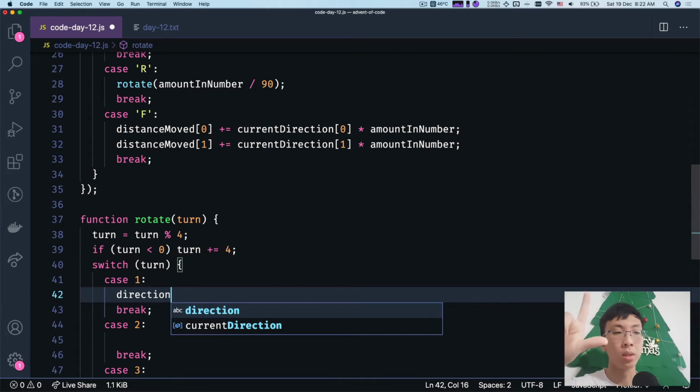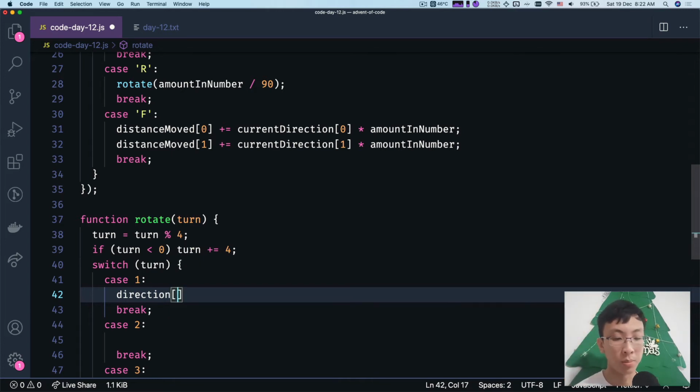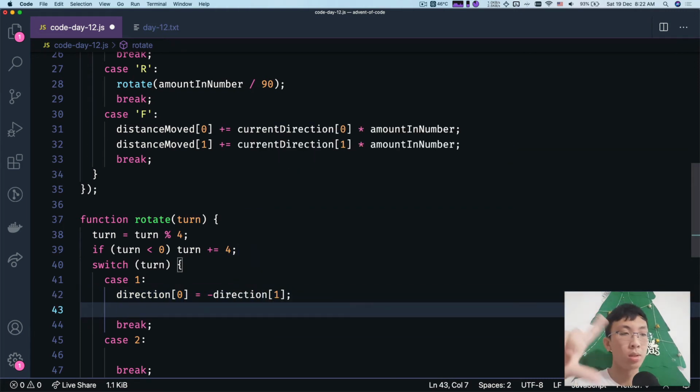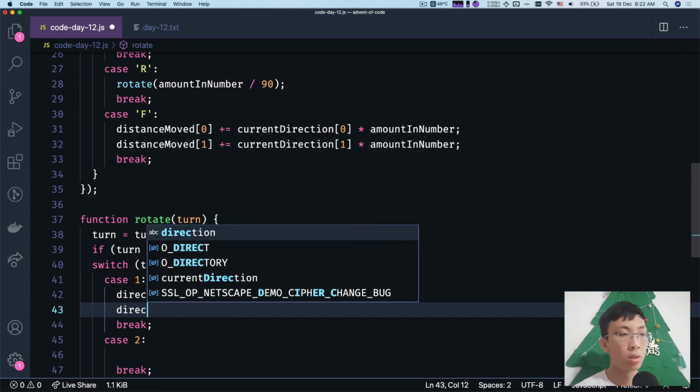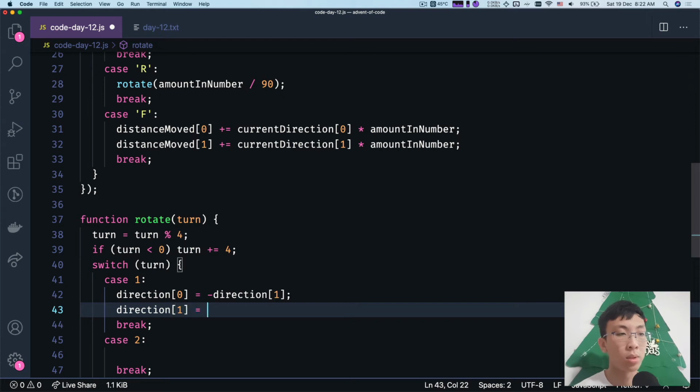So the direction of x is a negative of the direction of y, and then y will have the value of x. And direction 1 equals direction 0.